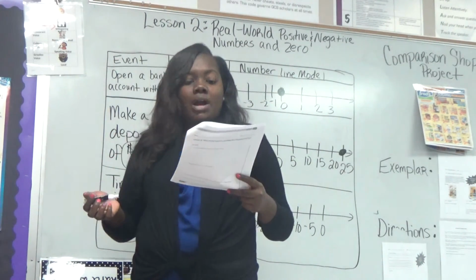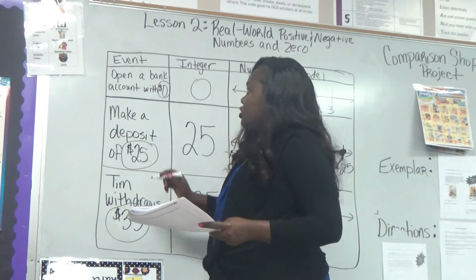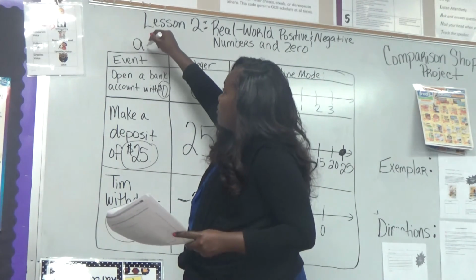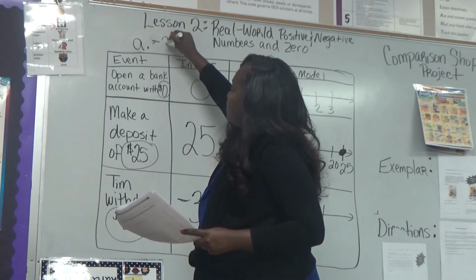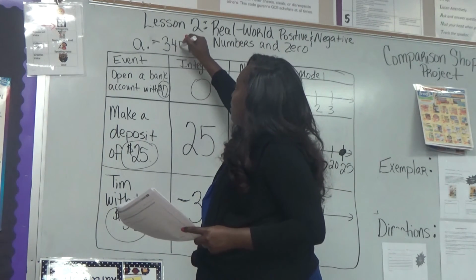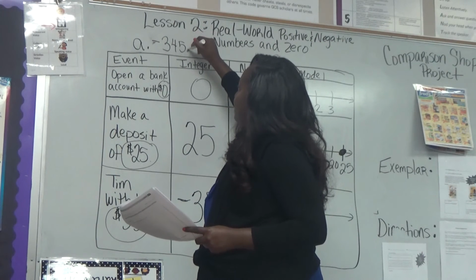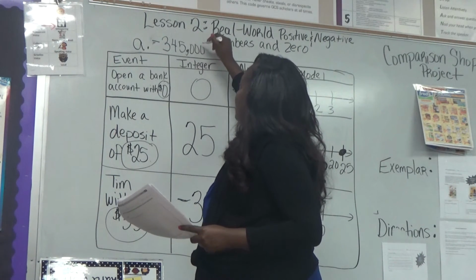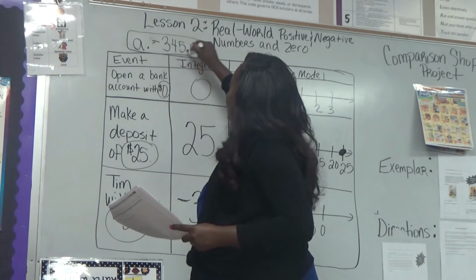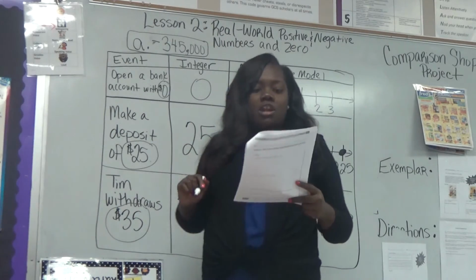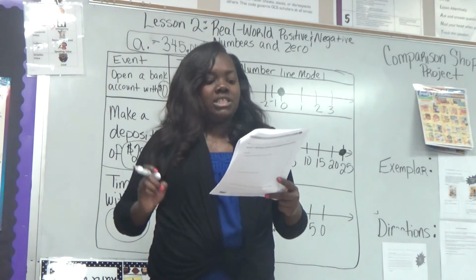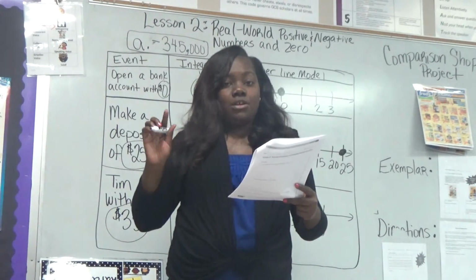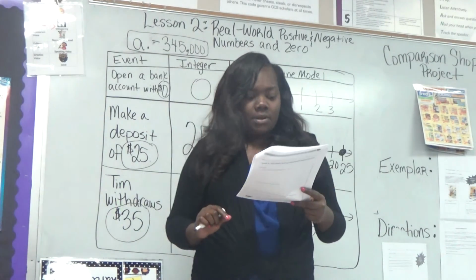So when it tells you to write that as an integer, what you should have on A, on number 4, is simply a negative 345,000. And this is what that would look like as an integer on number 4, okay?